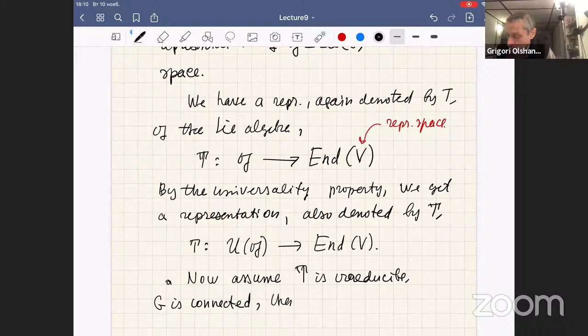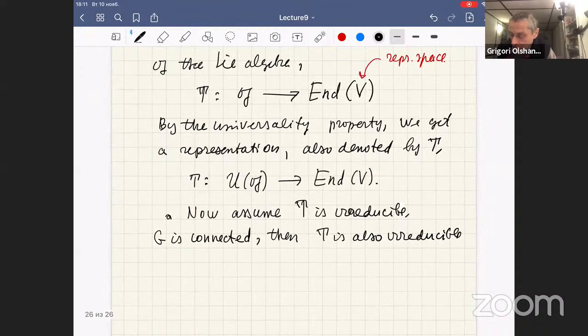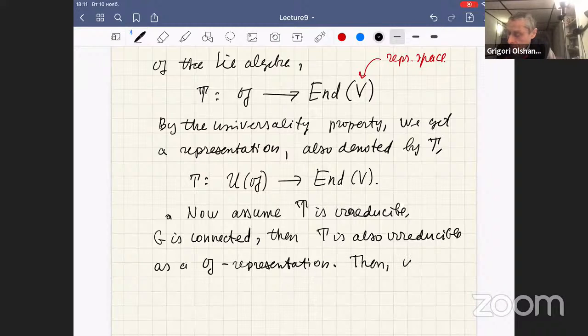Then T is also irreducible as a Lie algebra representation, and then it is an irreducible representation of U(g).